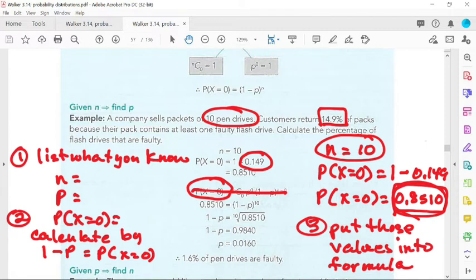Okay. Then 1 minus p, and we have an n, so that means we put a number there. So you'll know where to put things based on what you have. If you know the probability of it, that it's 0, then you can put that number in. If you know n, then you can put that number in. If you don't know n, then you're going to be given the p, the probability of success, so you put that number in.